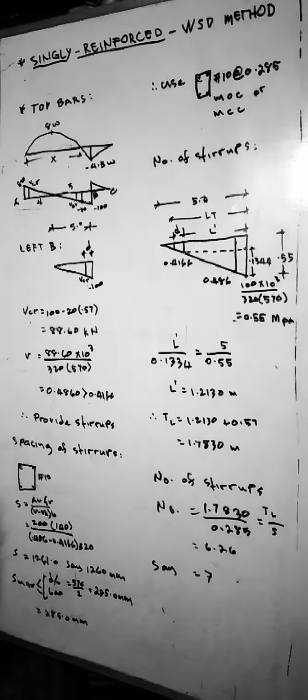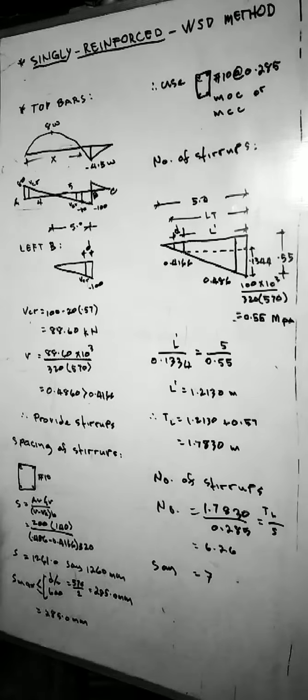The actual shear is computed with V critical divided by the bd. Substituting the values and computing that, we have 0.4860. This is the actual shearing stress, and the allowable is 0.4166.